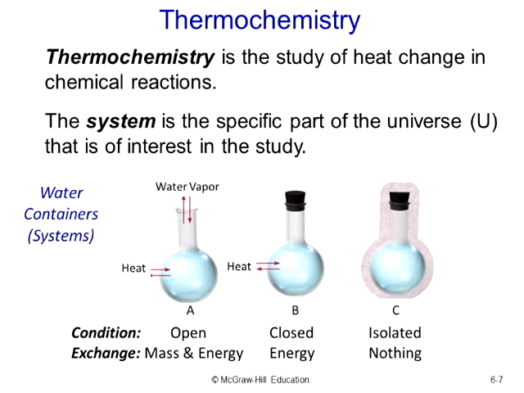The study of thermochemistry involves the examination of systems within a universe. And what does that mean? The system is a specific part of the universe that is of interest in the study. In other words, we have this universe, much like the universe we live in, and there's a part of that universe that you're interested in studying, like the Earth, like the stars, like the planet, other planets.